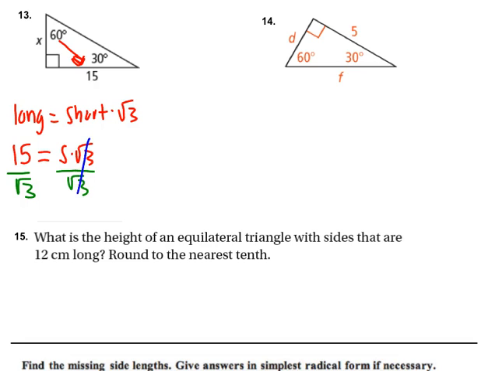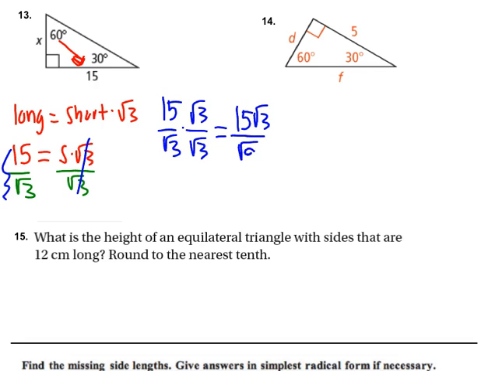These cancel, and again, we have to make this proper. So let's scoot over here, 15 over square root of 3. Now you're going to multiply by the square root of 3 times the square root of 3. Remember, multiply across, so I'm going to have 15 square roots of 3 over the square root of 9.